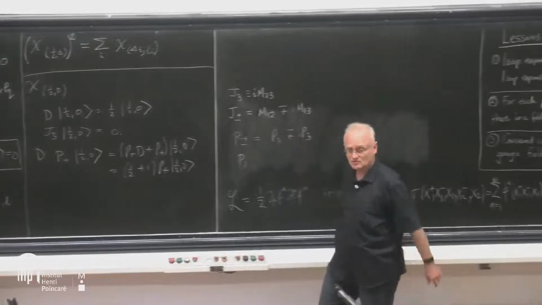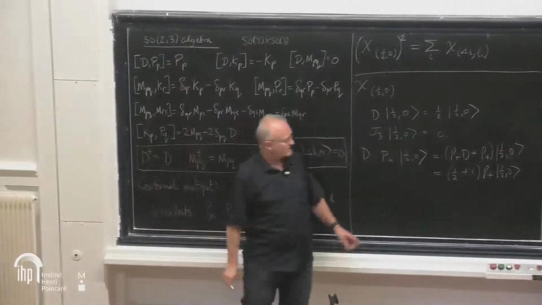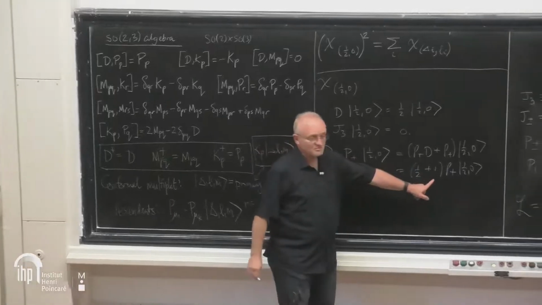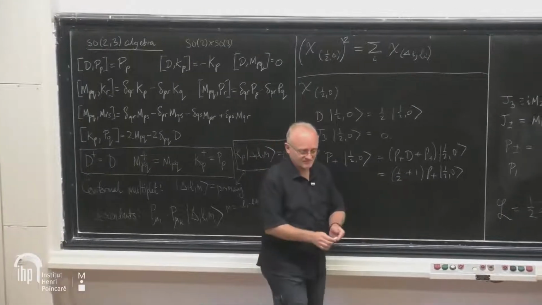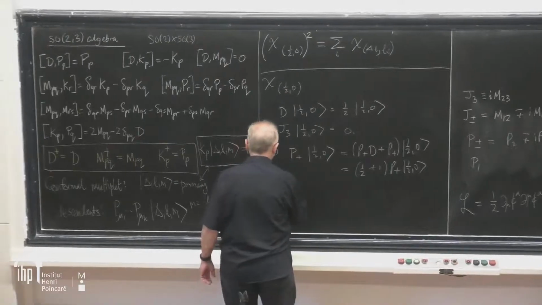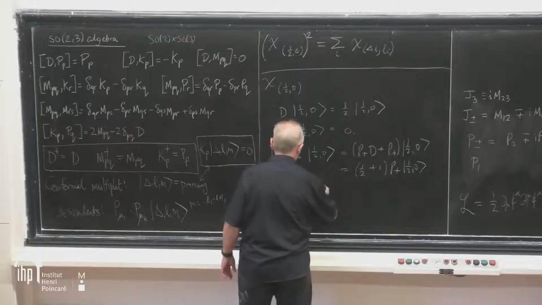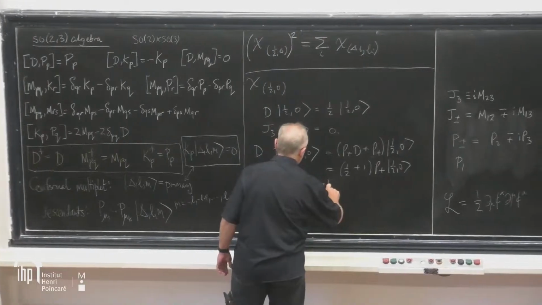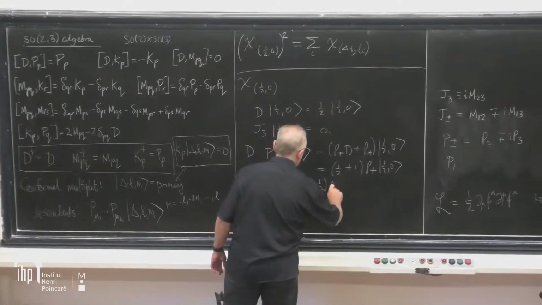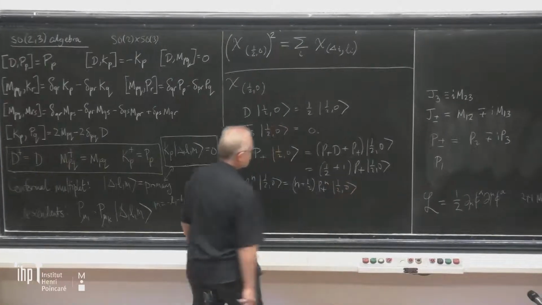And just as you saw, this commutator over here is responsible for raising the eigenvalue of D by 1. If you had n, you would get n plus 1/2 on P plus n 1/2 comma naught.